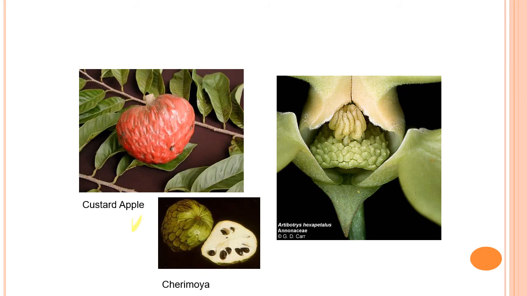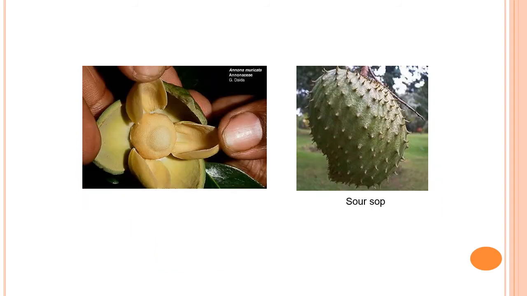Custard apple, cherimoya, all are annonas, and they are all aggregates. Soursop is also the same thing. You can see this is the petal, and these are the sepals, and these are the multiple ovaries that give you soursop. And this is why it is called aggregate, because it's one flower but multiple ovaries.